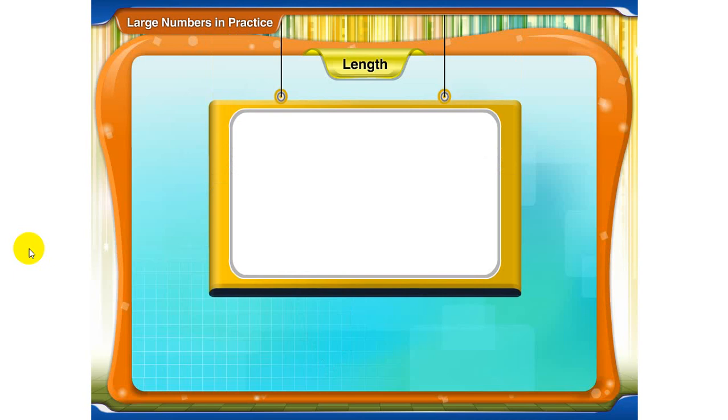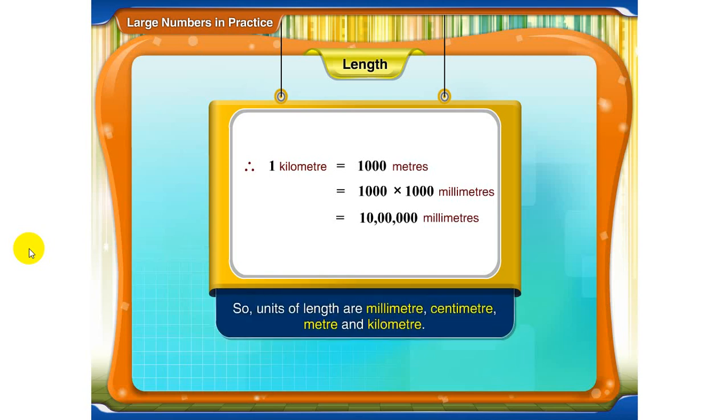Since 1 meter is equal to 1000 millimeter, therefore 1 kilometer is equal to 1000 meter, which is equal to 1000 into 1000 millimeter, and that is equal to 10 lakh millimeters. So, units of length are millimeter, centimeter, meter, and kilometer.